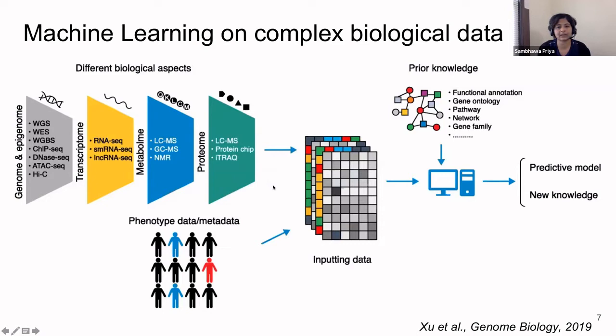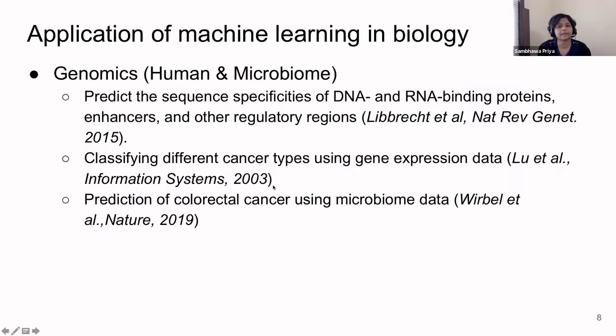There are different applications of machine learning in different fields of biology. For example, in genomics, both human and microbial genomics, machine learning has been applied to predict genomic features, especially those that are hard to predict using current approaches, such as regulatory regions.